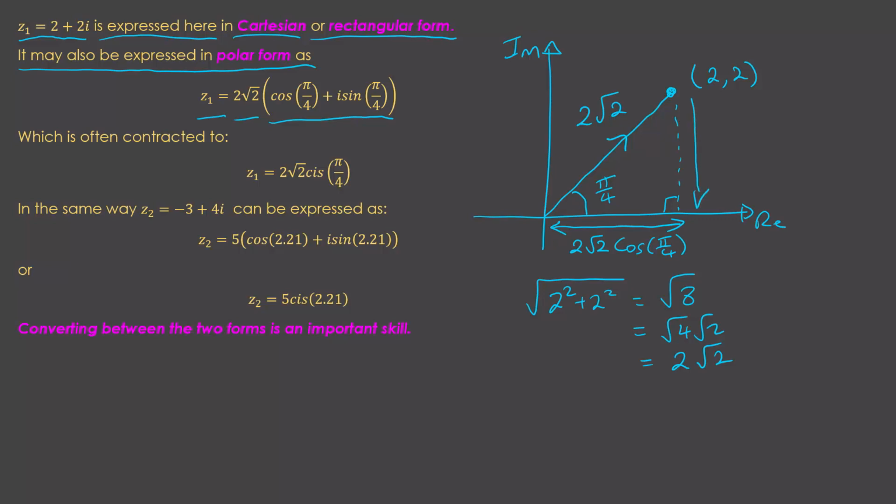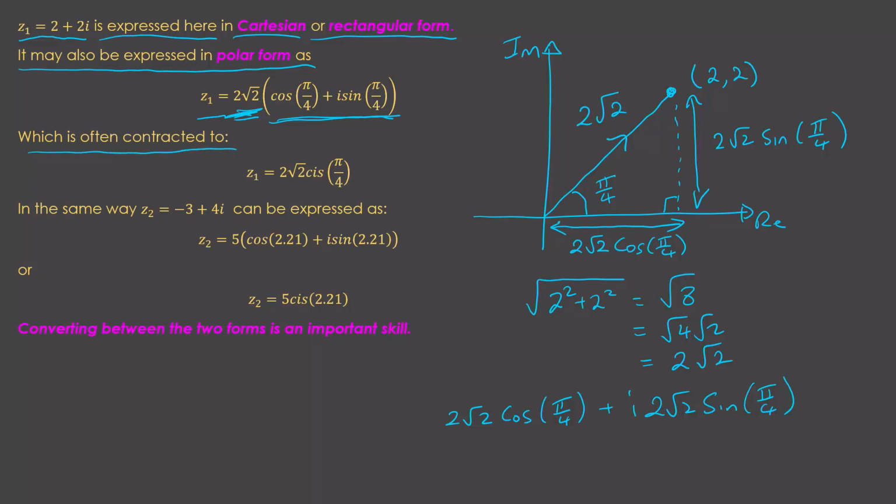This length here could similarly be calculated, since this is the opposite, as 2 root 2 sine pi by 4, which would make the complex number 2 root 2 cos pi by 4 plus i times 2 root 2 sine pi by 4. And then we could factorize out the 2 root 2 and we would get this expression here.